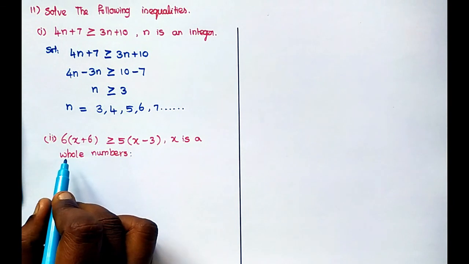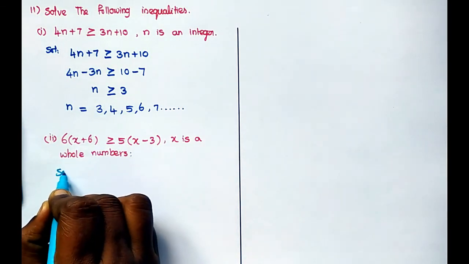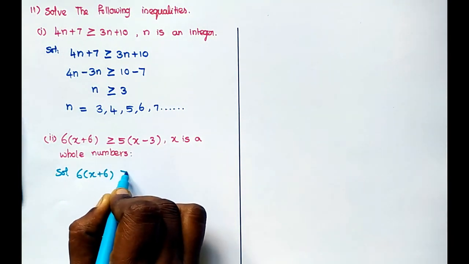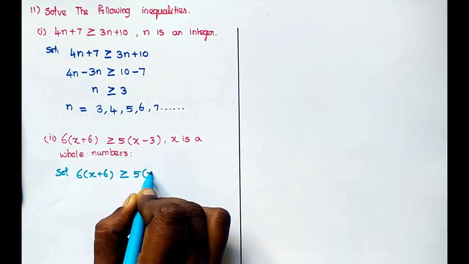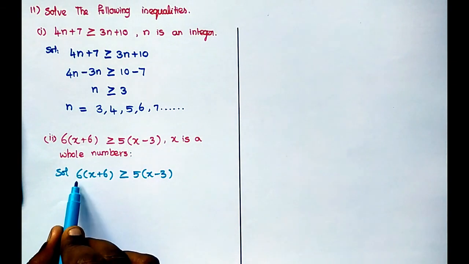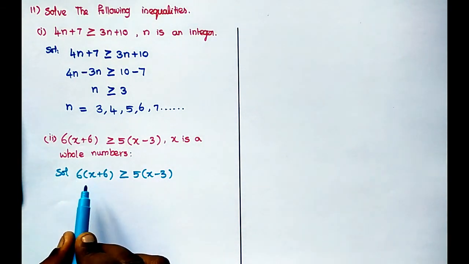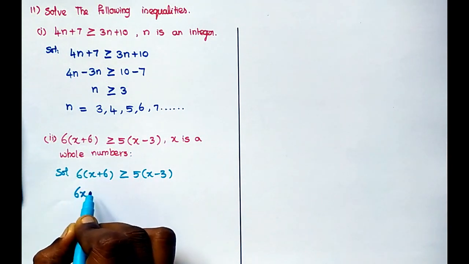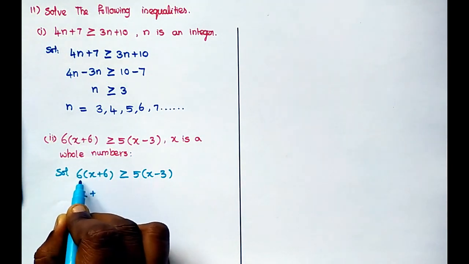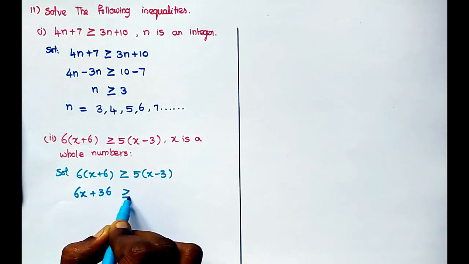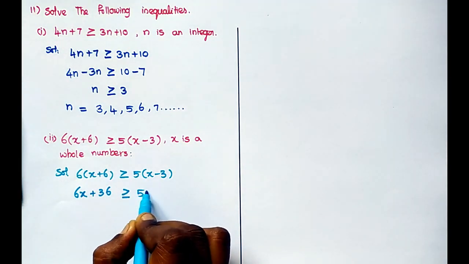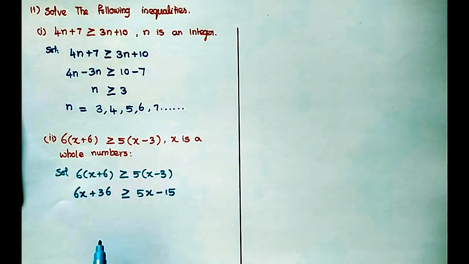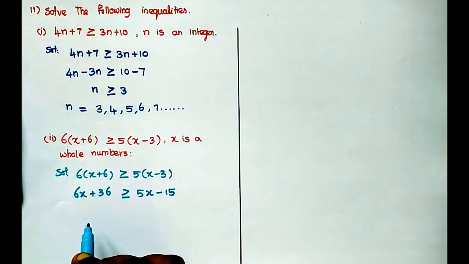Now second one, 6 into x plus 6 is greater than or equal to 5 into x minus 3. Now multiply the 6 with the inside of the bracket. So we get 6x plus 36 is greater than or equal to 5x minus 15. Now as usual, assemble the variables on one side.